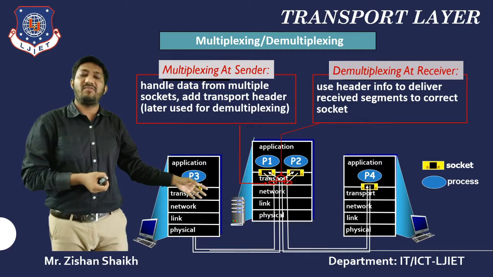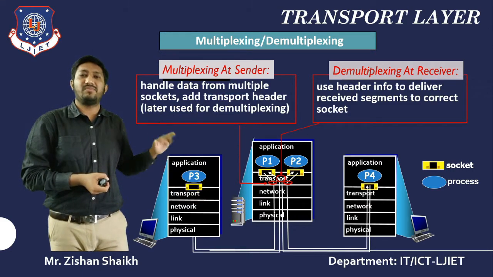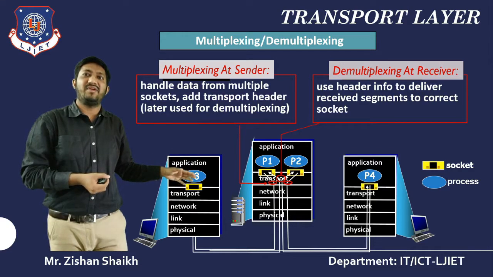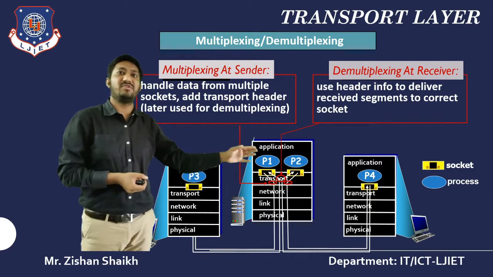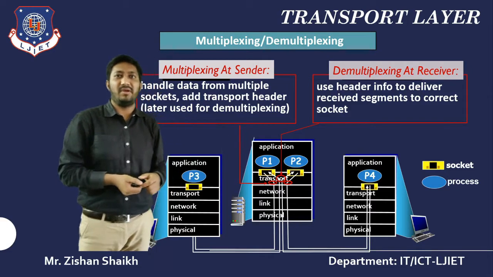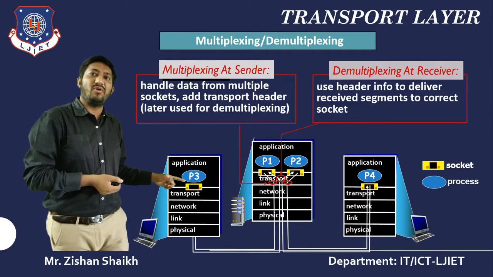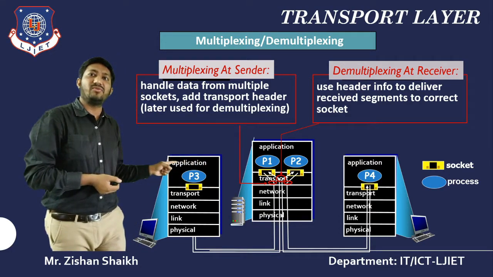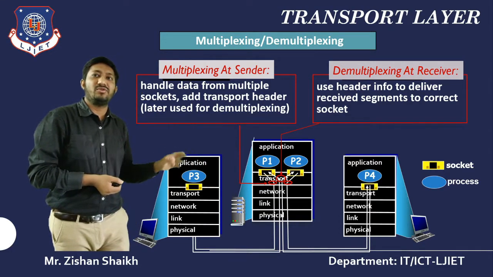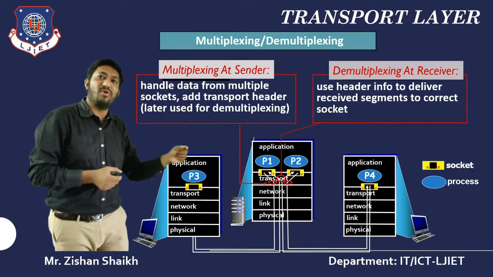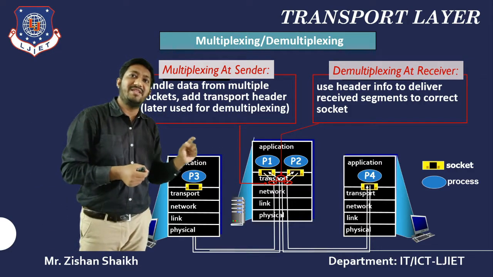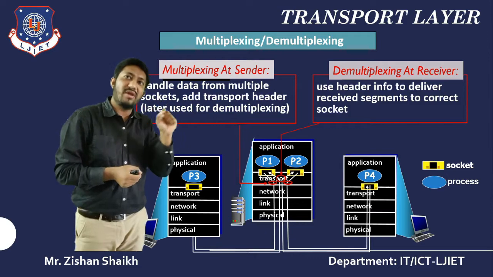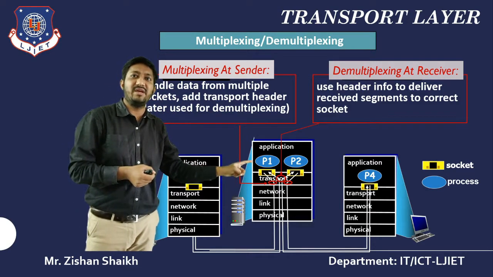In the figure you can see how the process is performed. At the application layer we can see that process 3, process 1, process 2 and process 4 are available. The yellow highlighted portion is the socket, and the blue highlighted part is our processes. When a process wants to execute, one socket is created for each process.